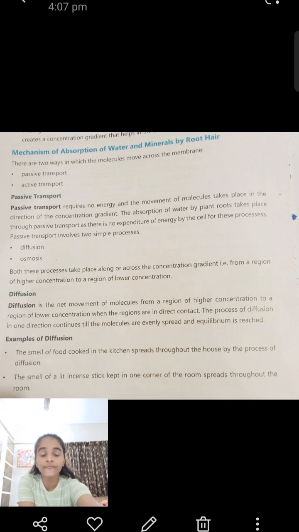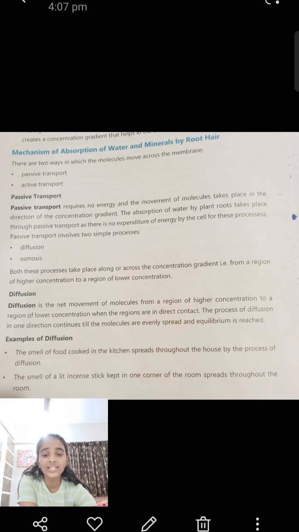Now 55th question is, where does the process of diffusion continue? The answer, the process of diffusion in one direction continues till the molecules are evenly spread and equilibrium is reached.